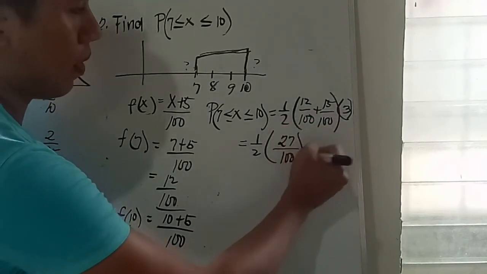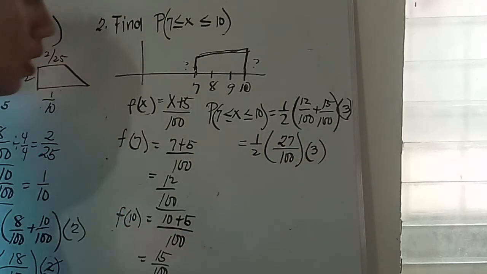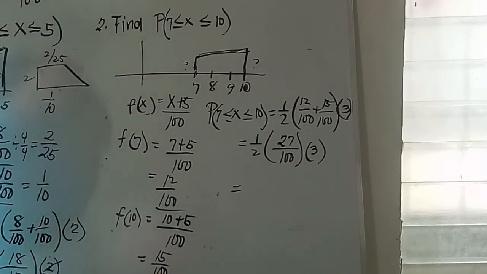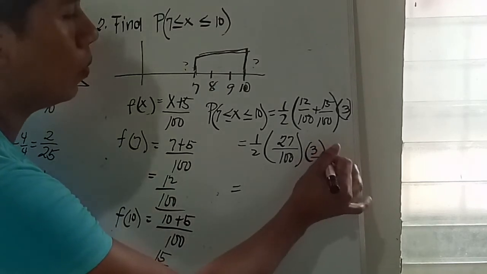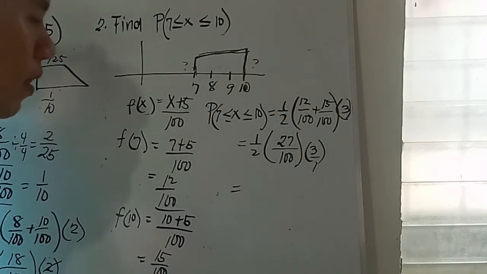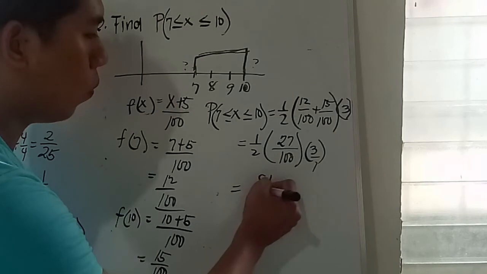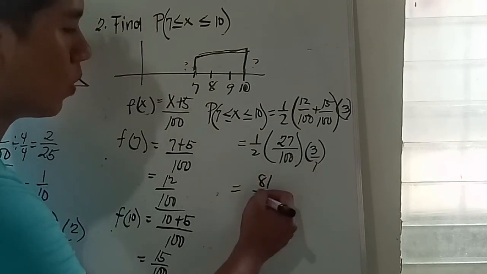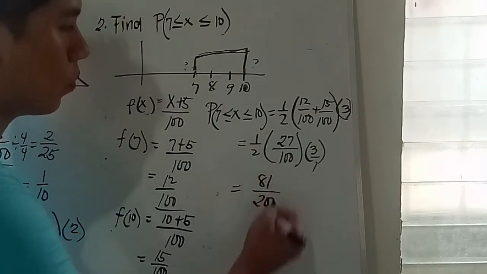So 27 times 3. In multiplying fractions, numerator by numerator, denominator by denominator, we know that the denominator of 3 is 1. So we multiply 27 times 3, that is equal to 81. Then 2 times 100 times 1 is equal to 200.